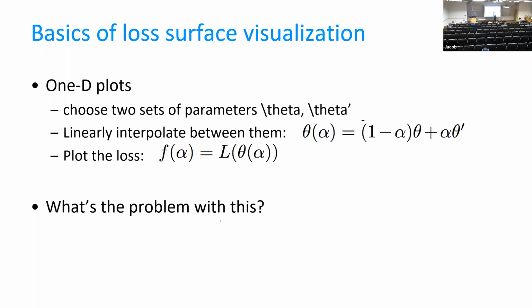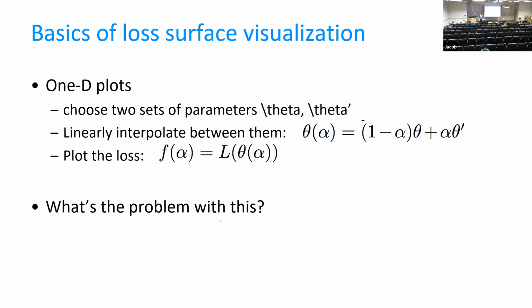We call this interpolation, because when alpha equals 0, we have completely theta, and when alpha equals 1, we have 0 times theta plus 1 times theta prime. So it's a way of tracing out a line between these two theta values. Yes, Dane? Yes, true, this is linear interpolation.